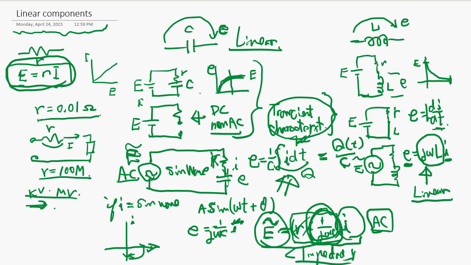Okay, so for inductance, you need a transient analysis for any voltage source other than a clean sine wave. But when the circuit system is using a sine wave, then it's going to be a linear component, and the impedance for the inductance is j omega L. And j simply shows that there is a phase shift in the sine wave across the inductance.